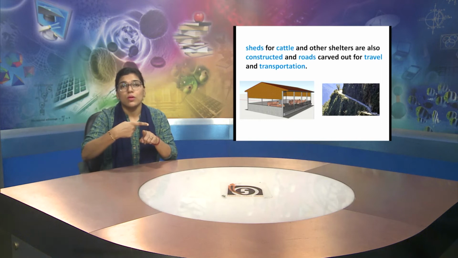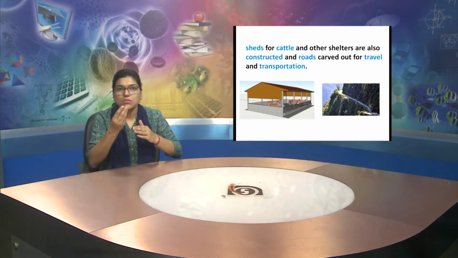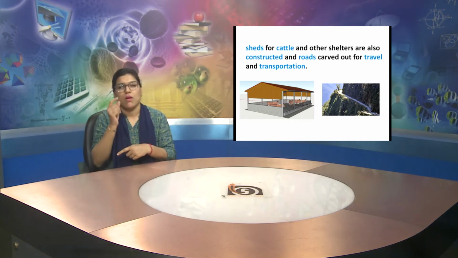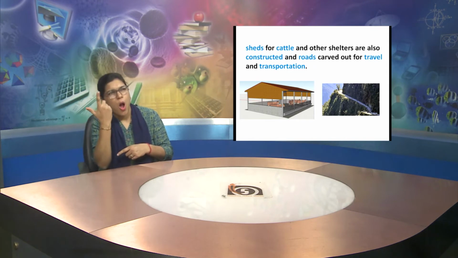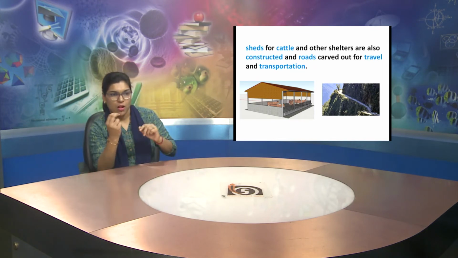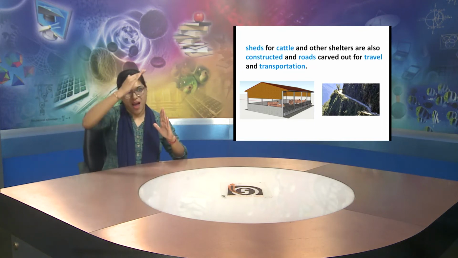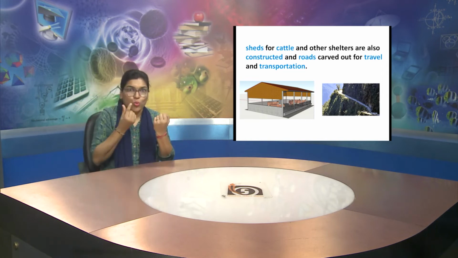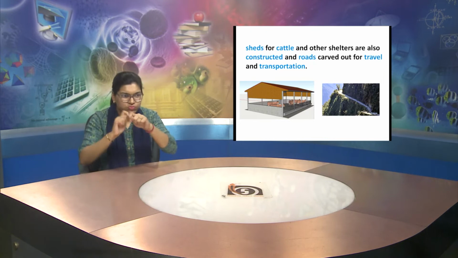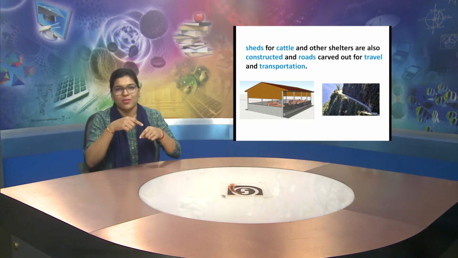And also there are some other shelters which are constructed, and sometimes there are roads carved out of the mountains for different purposes like travel and transportation. You must have seen circular mountain roads. So, those circular roads are all carved roads.